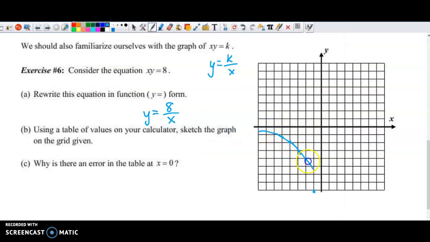And what your graph should look like is something like this, assuming I hit those points. Same thing on the other side. I'm going to do this quickly because I'm running out of time. You can double check. But why is there an error is we cannot divide by 0. In other words, there's no y-intercept.